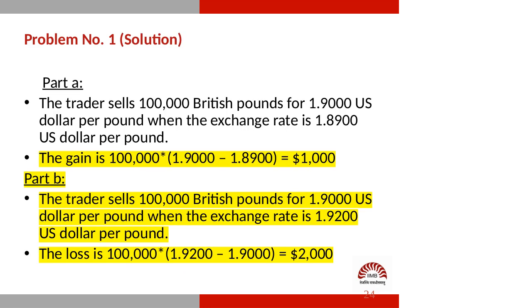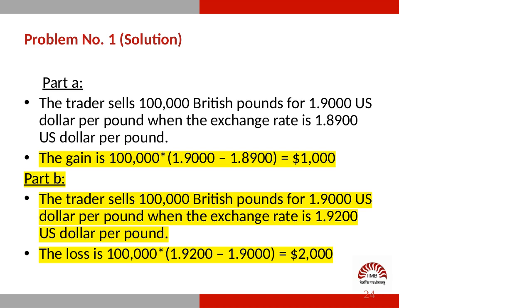So in the first place, what happens? You sell 100,000 British pounds for 1.9000 US dollars per pound. When the exchange rate is 1.8900 US dollars per pound, how much is the gain? The gain is 100,000 into the difference, which is $1,000.